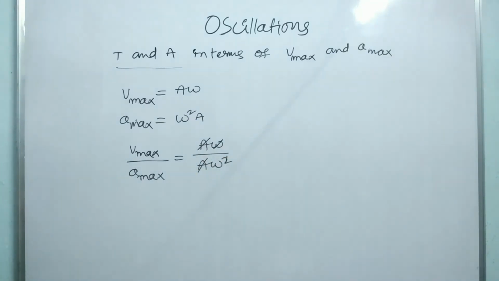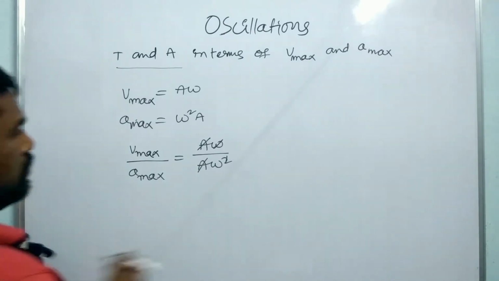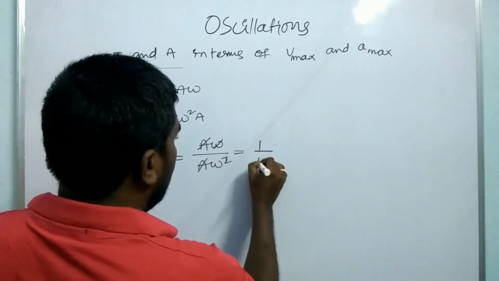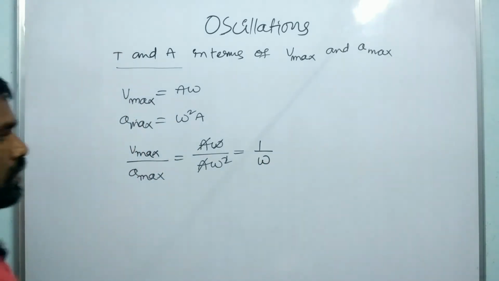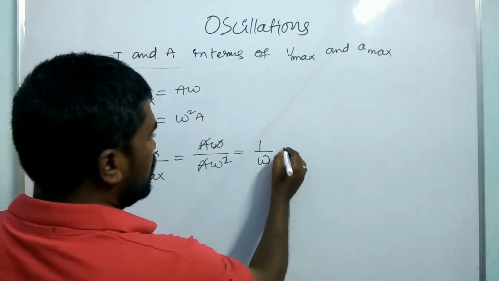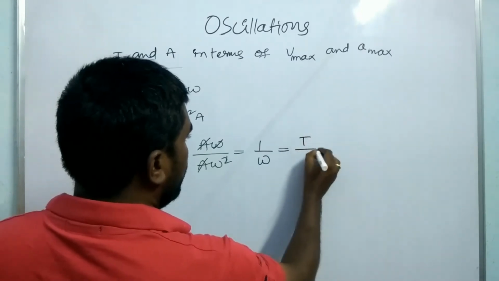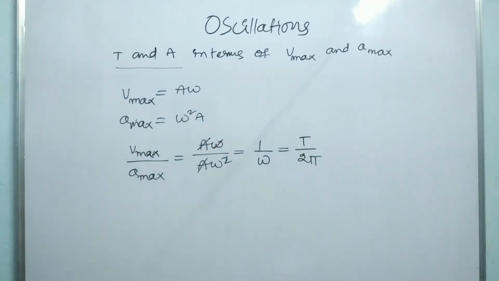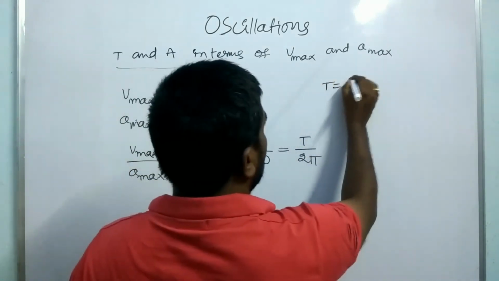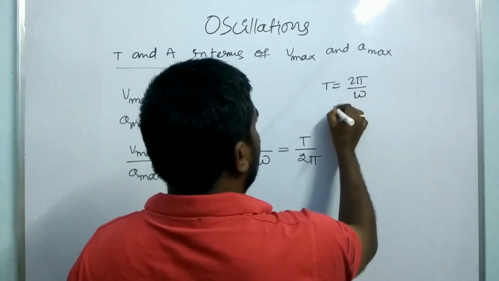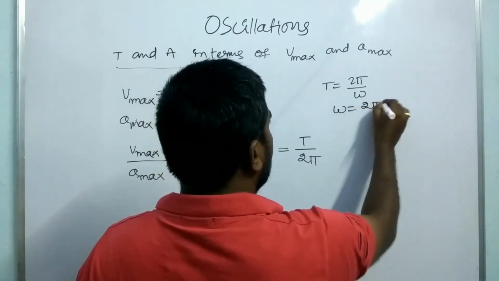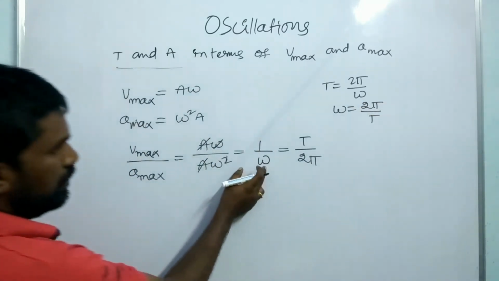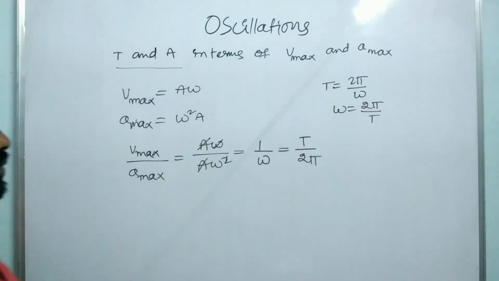Okay, clear? So it is 1 by omega. Omega is equal to 2 pi by T, so then it can be written as T by 2 pi.